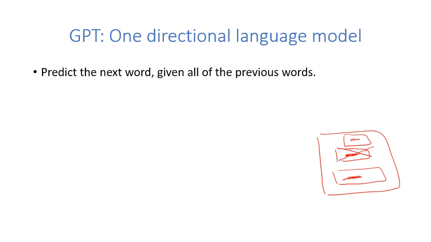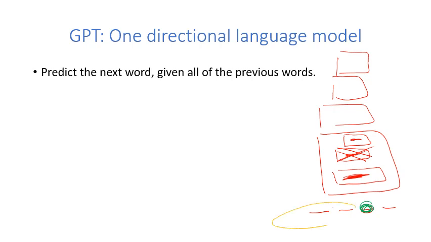So get rid of this layer. So just masked self-attention and feed forward, and then stack many of them together, and this is GPT. So since it's masked, when you have a sentence and I'm talking about this word, it conditions only on the left side, not on the right side.